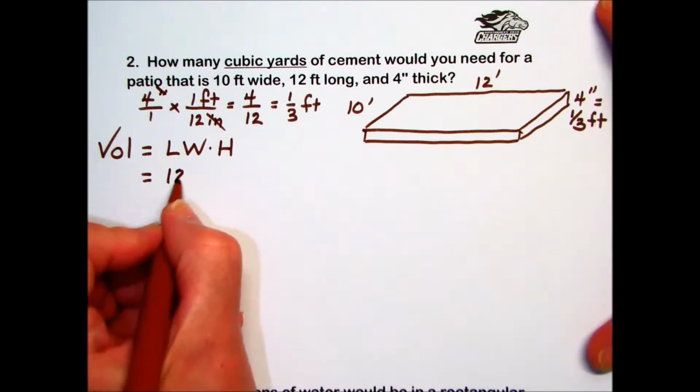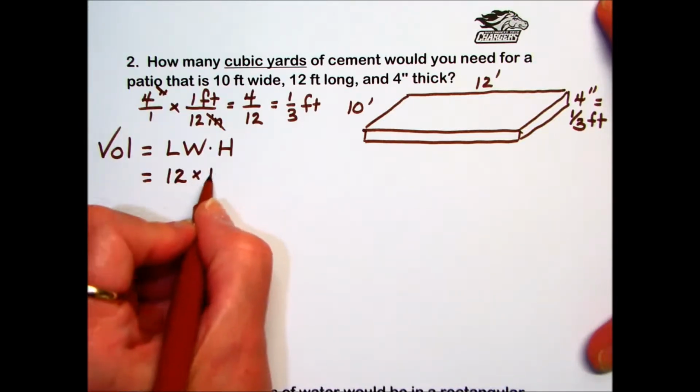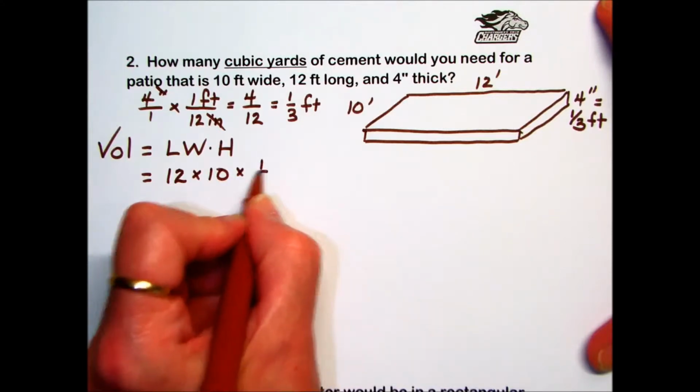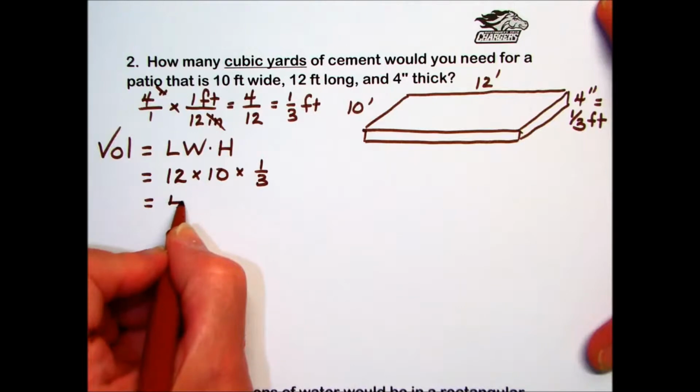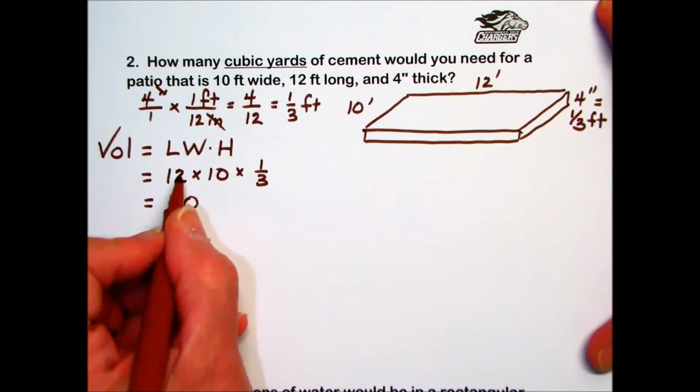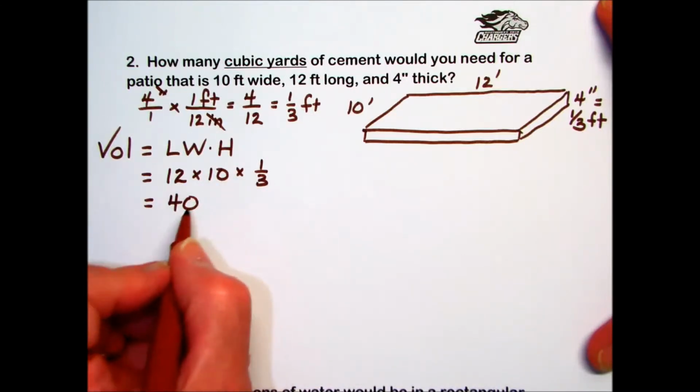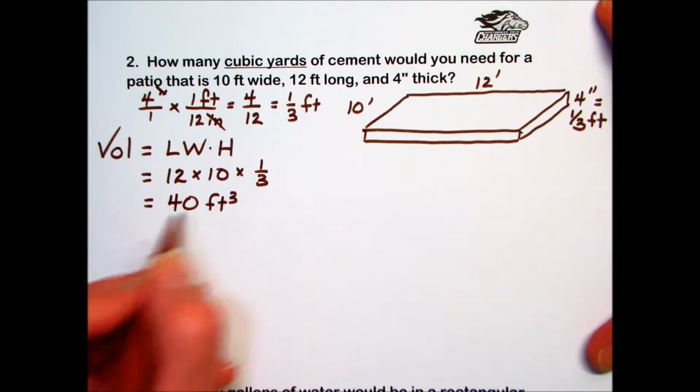We have a length of 12 feet times a width of 10 feet times the height of 1/3. Multiplying those 3 numbers together gives us 40. Feet times feet times feet is 40 cubic feet.